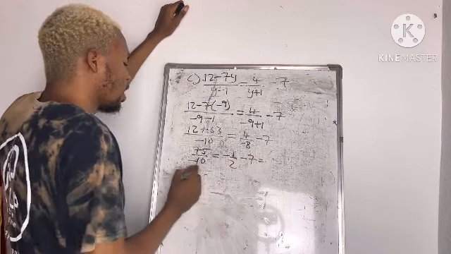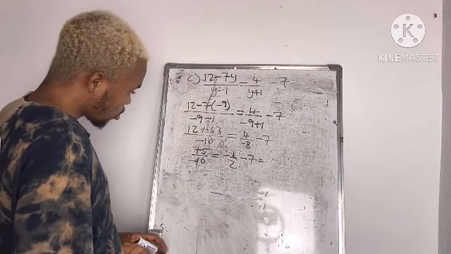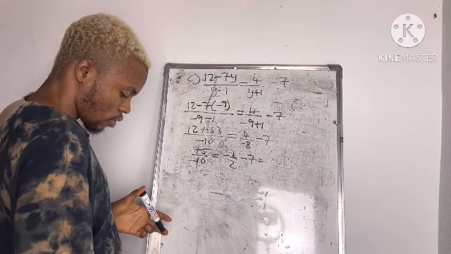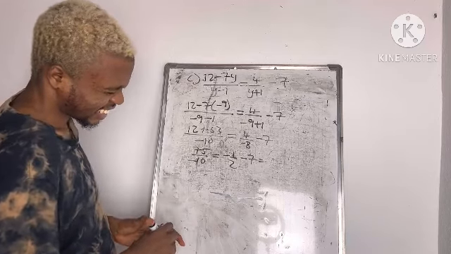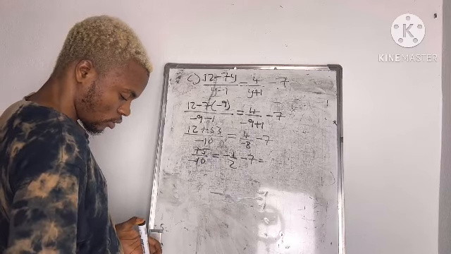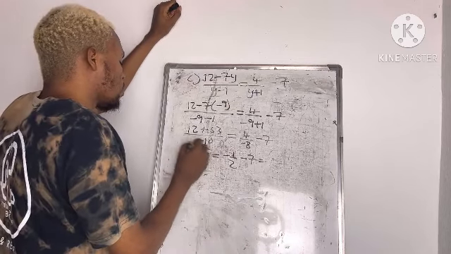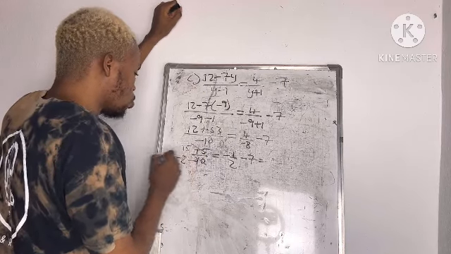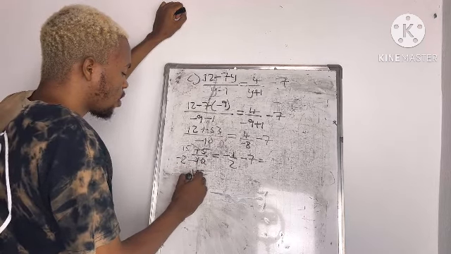Okay, so here 75 divided by 10. 75 divided by 5 is going to give you 15, and here is going to give you minus 2. So you can see from here you have 15 all over negative 2.